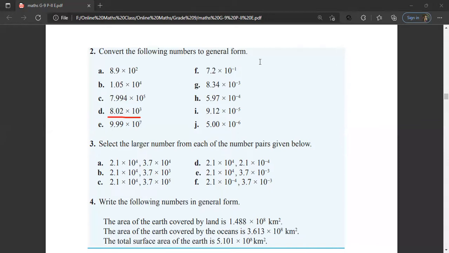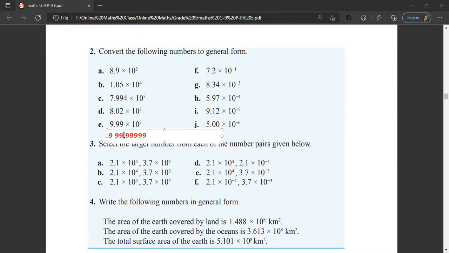What can be that number? Nine. How many decimal places should you add? 7. That means here 2, right? So 1, 2, 3, 4, 5, 6, 7.